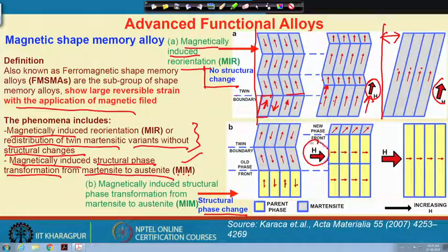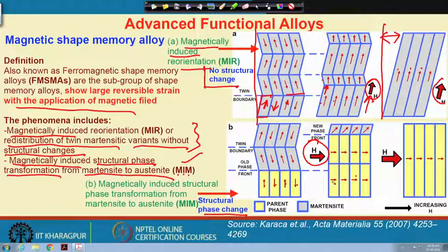Upon application of the magnetic field, the yellow region is the austenite, so we produce austenite from martensite, or martensite transforms into austenite.